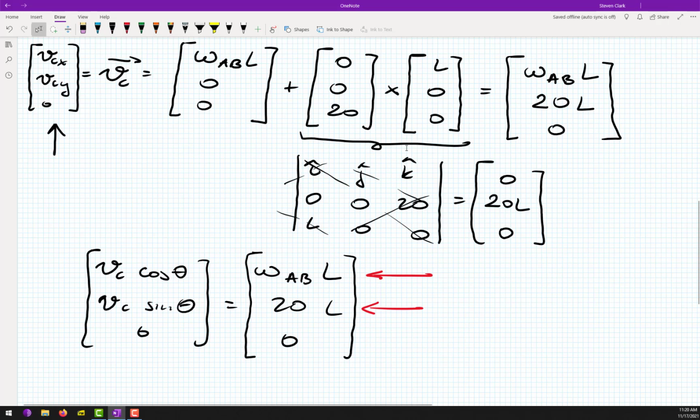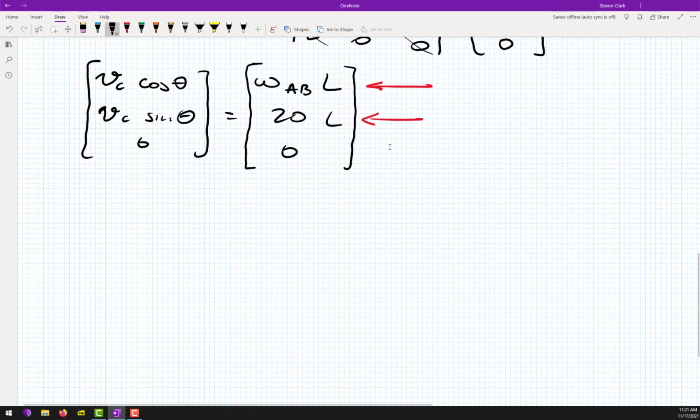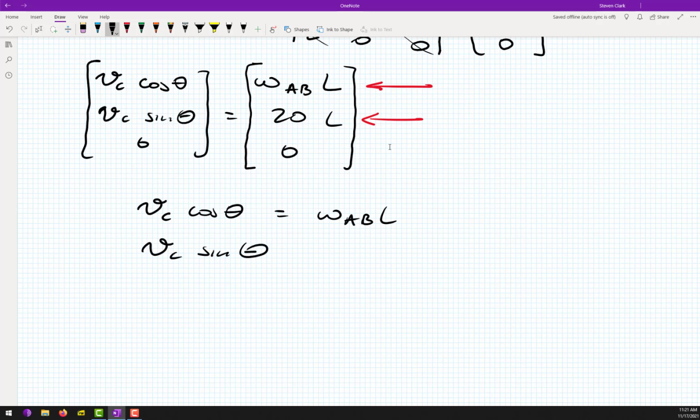So we can write V_C cosine theta is equal to omega AB L, and V_C sine theta is equal to 20L. Okay, and our unknowns are here. V_C is not known, and omega AB is not known.